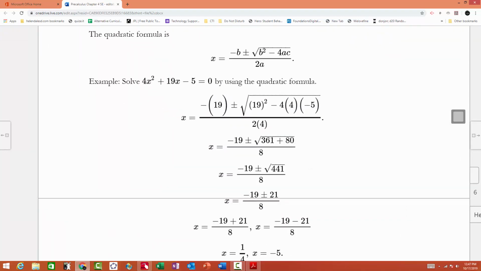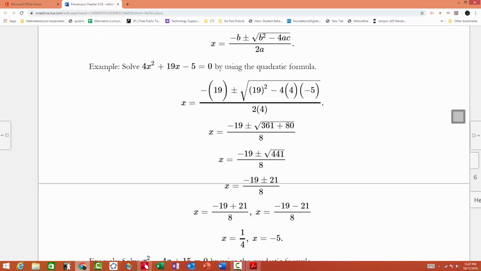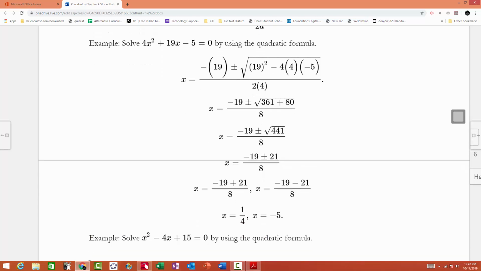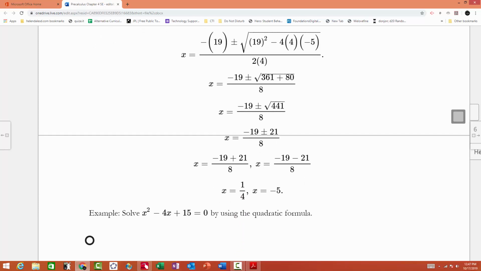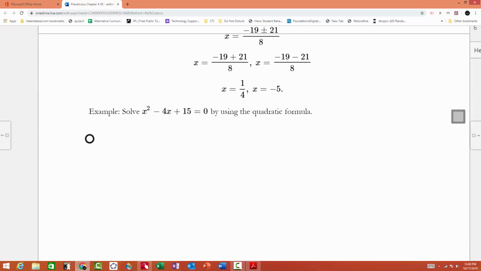So our a is 4, our b is 19, our c is negative 5. This is nothing new. I substitute each of these values into the quadratic, and we work it through, and we get to where our solution is, which there are going to be 2 of them. So we're just going to jump to this example, make sure we understand how to do it.